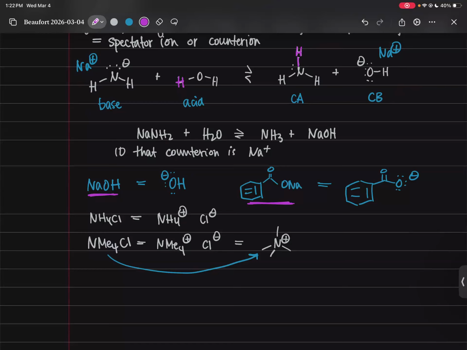Our base deprotonates our acid. And there's no arrow going to or from the sodium. It's just hanging out. So if we wanted, we could just not write it and no one would be the wiser.